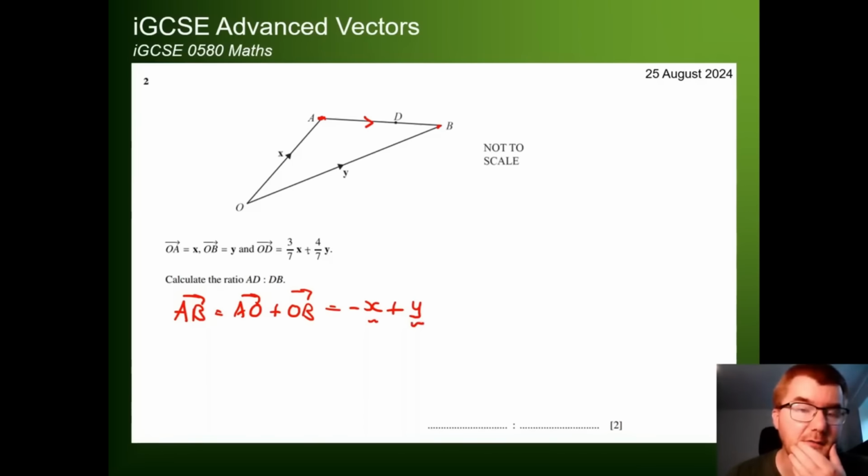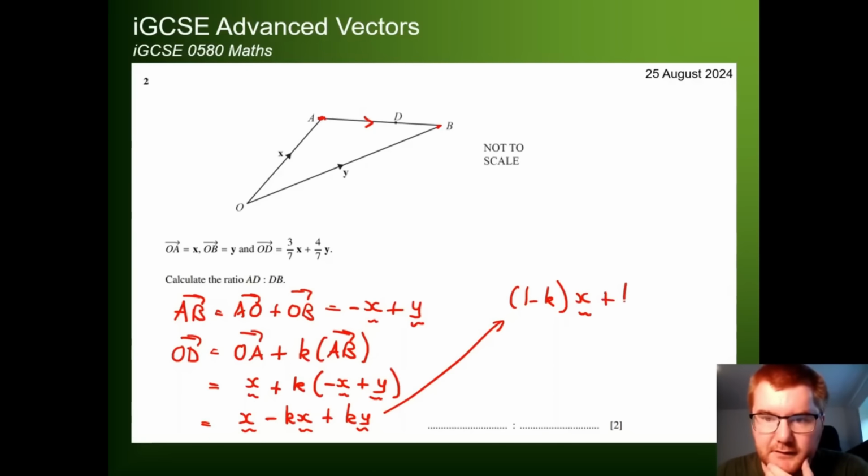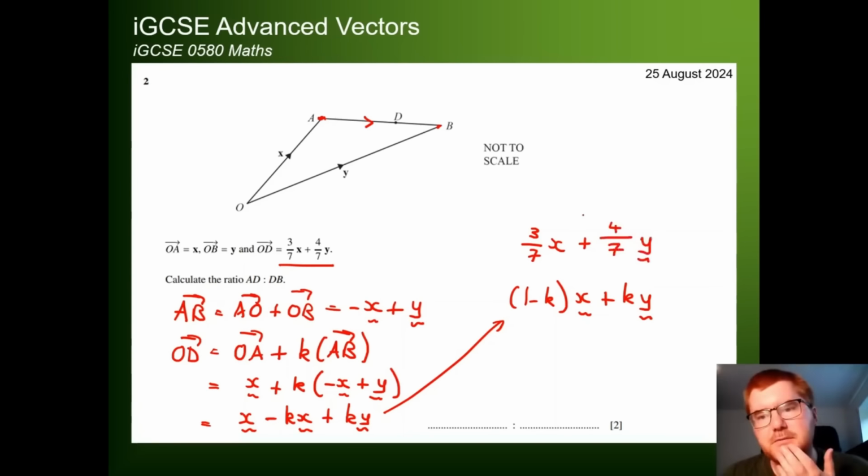So we get 1 minus K, x, plus Ky. And we're told this vector OD, as is seen in the question here, is equal to 3/7 X plus 4/7 Y. So in order for this to be true, again, K must be equal to 4/7. In order to get this as 3/7.